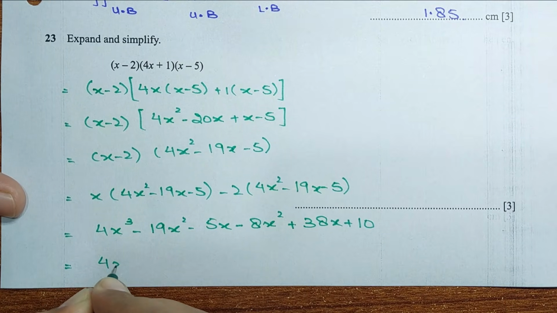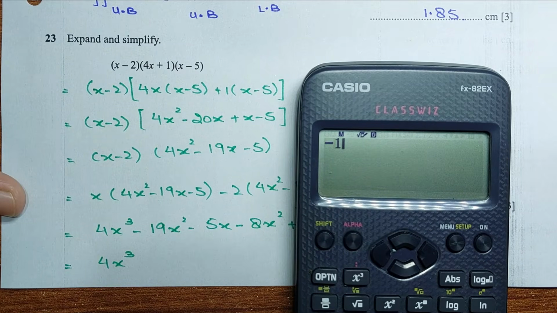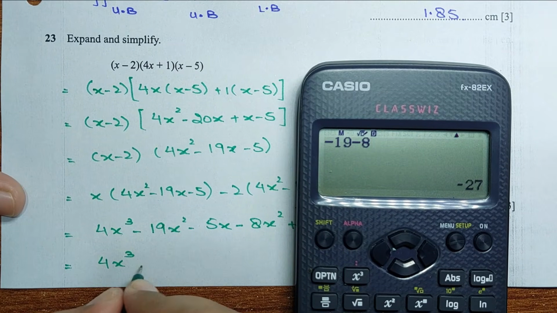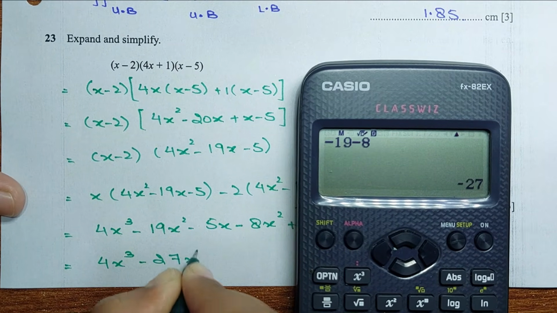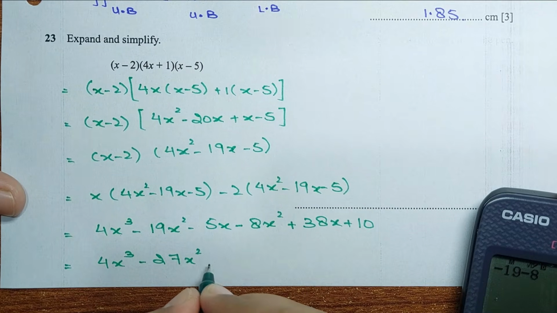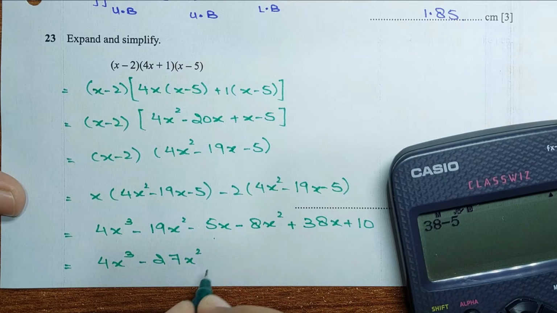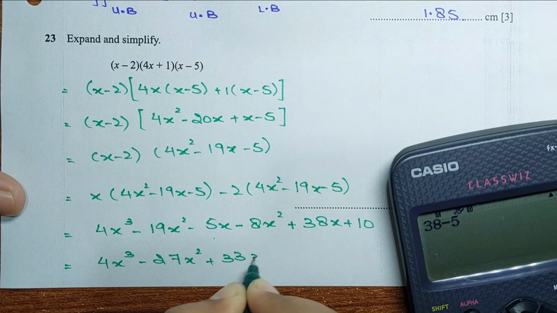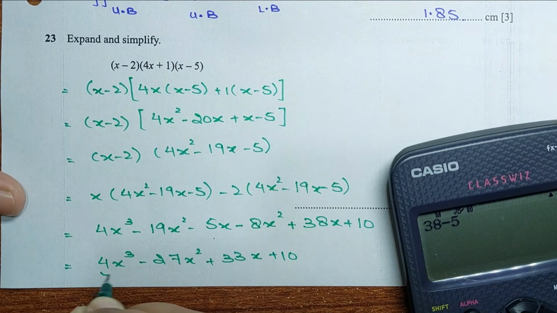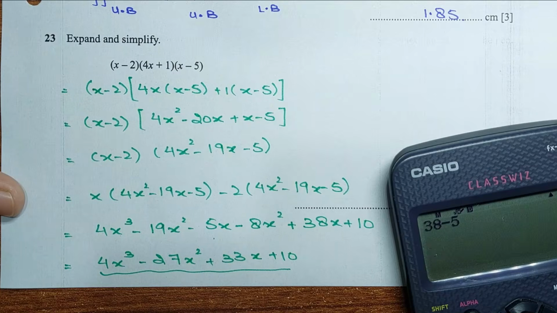Further simplification: 4x cube, and 19 and 8 are the x square terms, minus 19 minus 8, negative 27x square. These two are x terms: 38 take away 5 is 33x, and the constant is just 10. So this is the simplified answer.